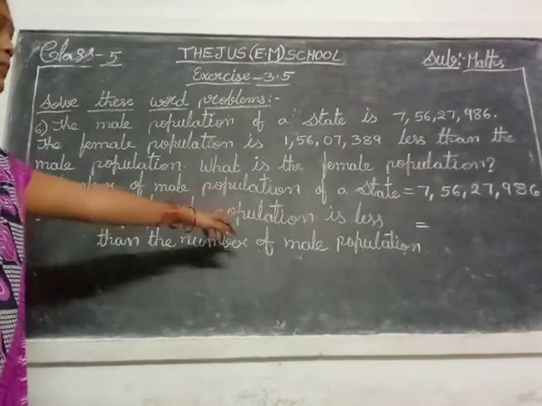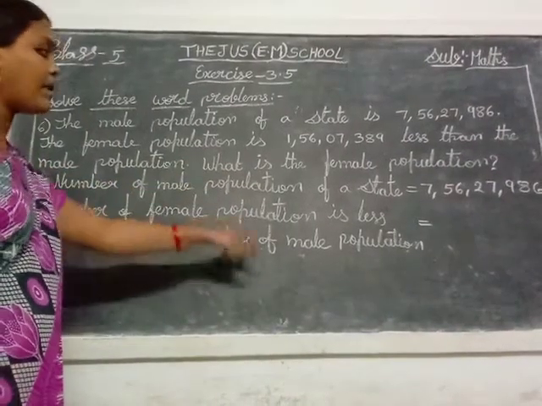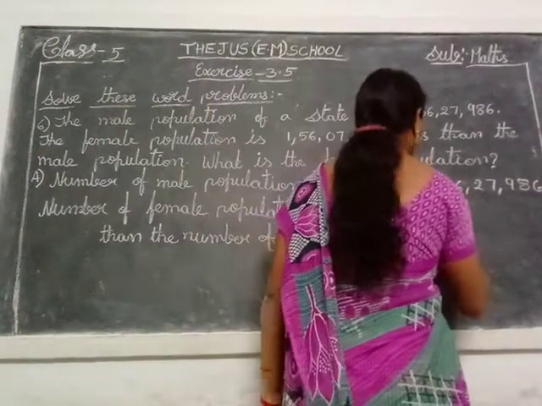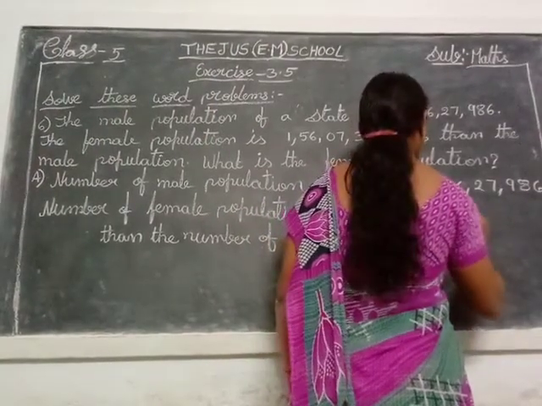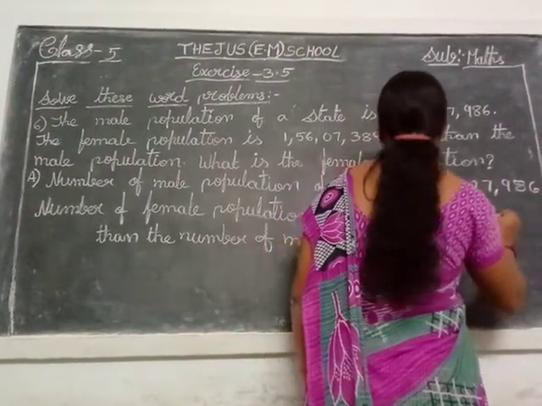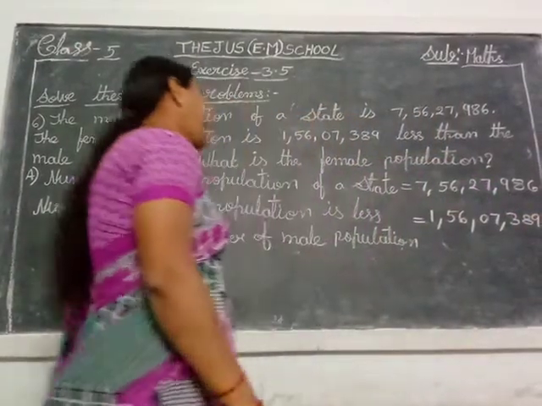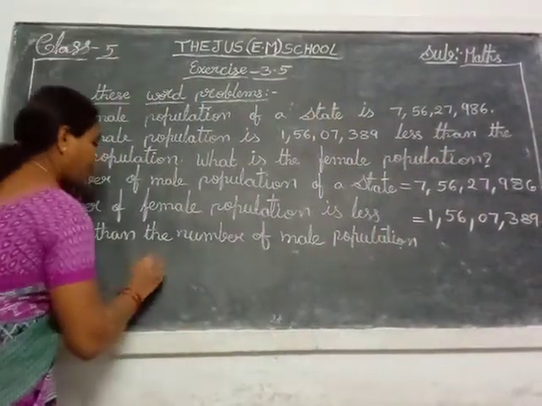Number of female population is less than the number of male population. What is the number given here? 1 crore 56 lakh 7,389. Now we will find out what the female population is.